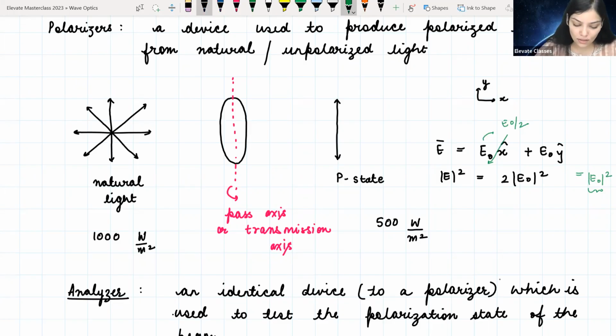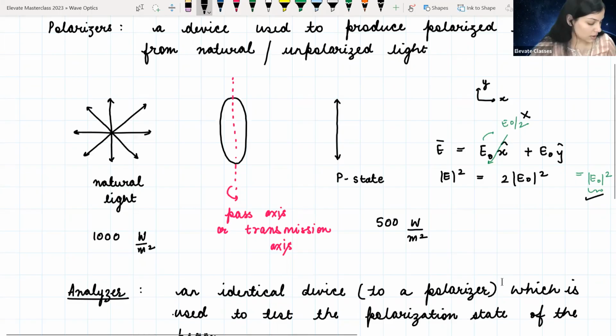This can come as a simple one-line conceptual question: would a polarizer also reduce the amplitude? A polarizer would never reduce the amplitude of the beam. जो भी इलेक्ट्रिक फील्ड का एम्पलीट्यूड है वो चेंज नहीं हुआ है. Only one component of the beam has been absorbed, and because of that the intensity has reduced to half, not because E naught has become E naught by 2. Balki this has happened: one component is being completely absorbed.